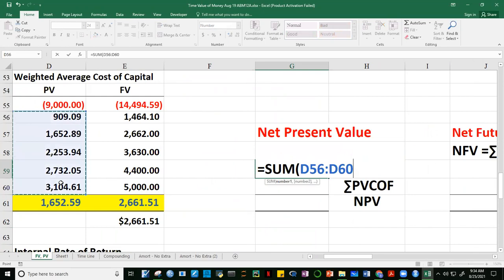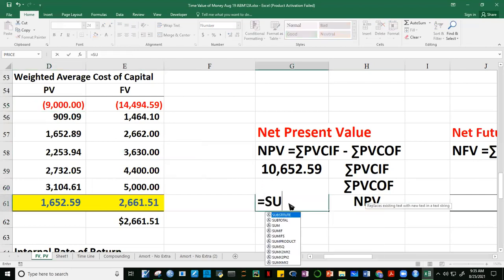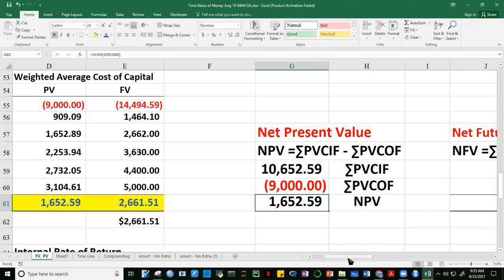Yan ang present value ng cash inflows natin. For the outflow, it's simply this, 9,000 outflow natin. Present value na lahat to, guys. So we just sum this up. That's your net present value, which is the same as this one.